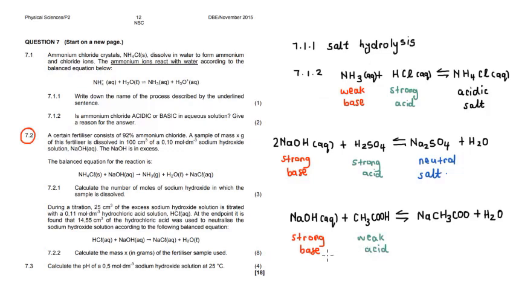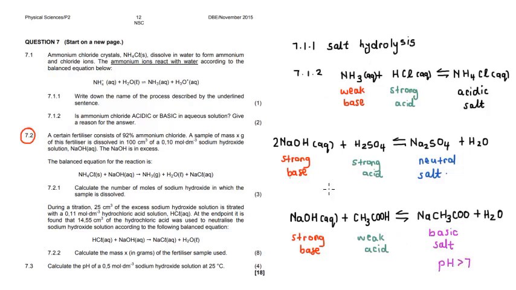So now let's compare. We have a strong base and a weak acid. So again, like I said, the strong ones always win. So this salt is going to be a basic salt. So if we think about pHs, the pH over here is going to be greater than 7.